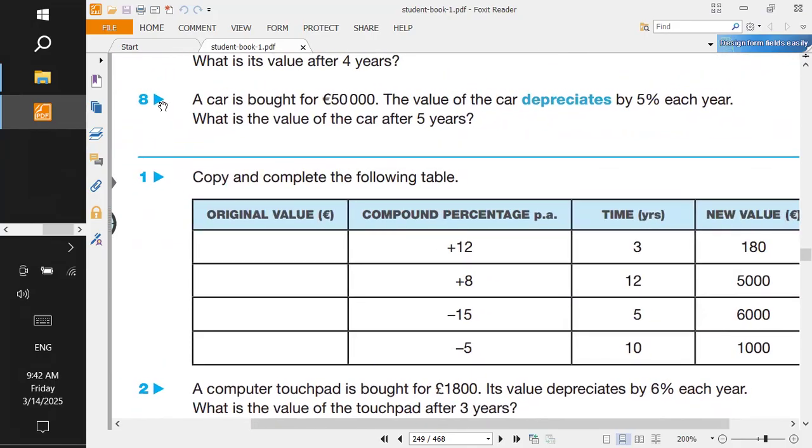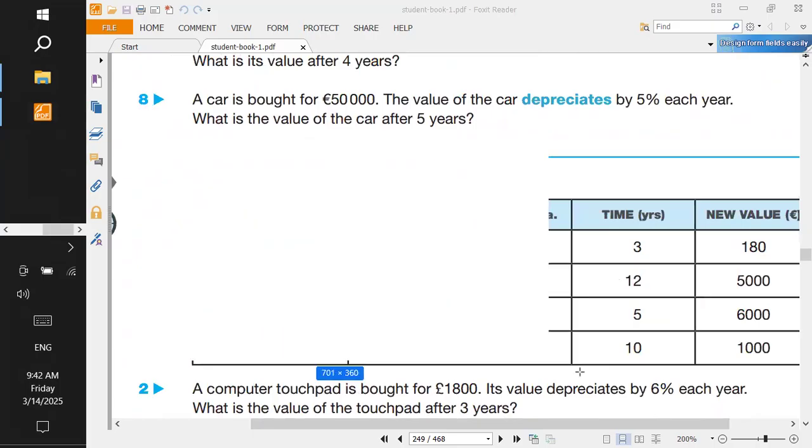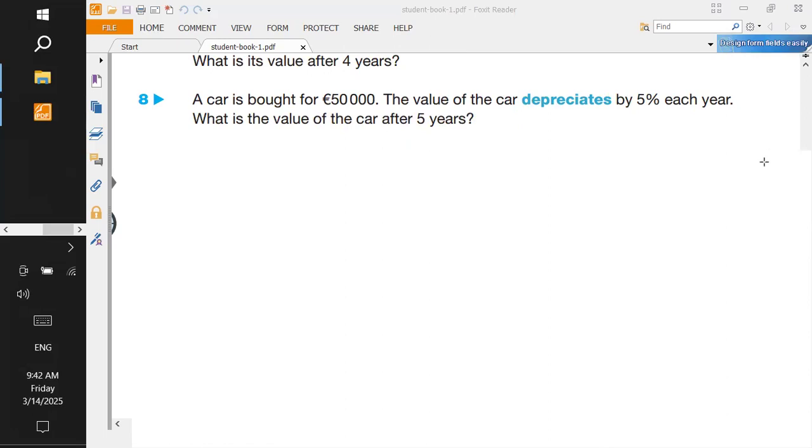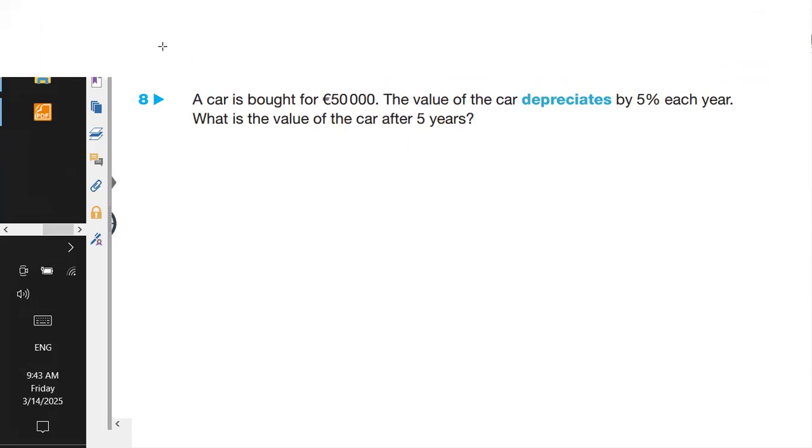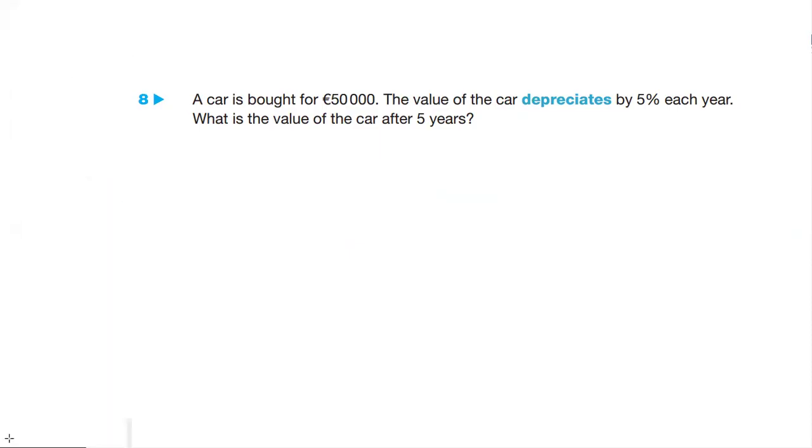Yes. I'm trying to choose a question that covers the whole thing, but I will mix some questions, okay? Because questions are a little bit different. Sometimes they will ask you how much money or how much it's worth after a while, and sometimes they will ask you what is the difference or what's the amount of money added after a certain amount of years.